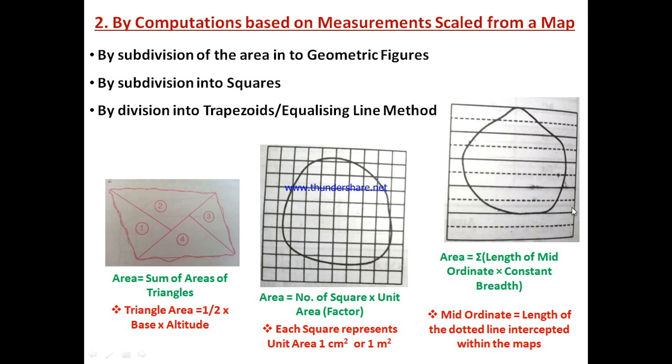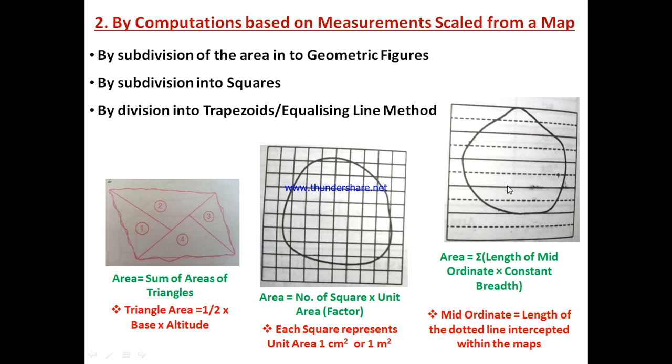So the area is exactly enclosed between the parallel lines, and this figure is then divided into a number of strips. Assuming that the strips are either rectangles or trapezoids, we need to calculate the area of each strip, which will be equal to the length of the mid-ordinate value and the constant breadth.